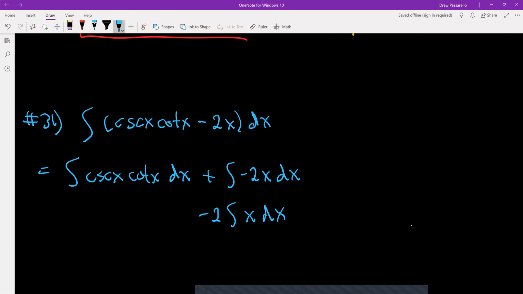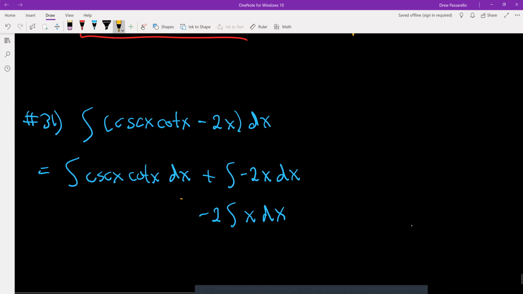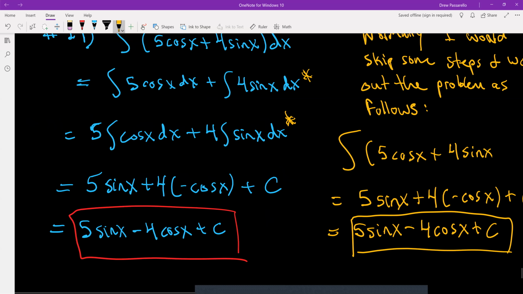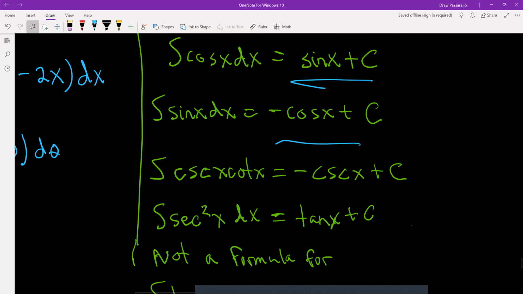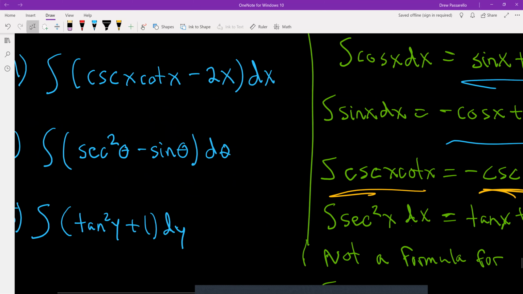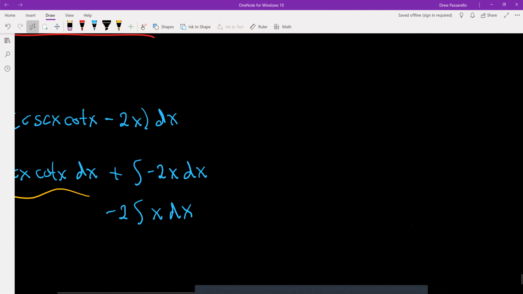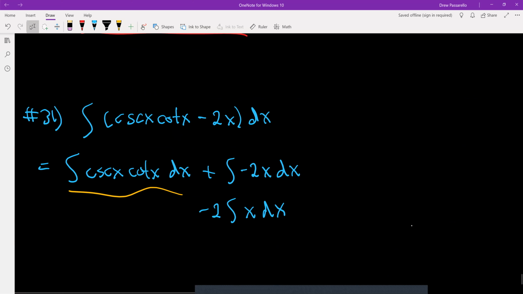Now for the cosecant cotangent, that's one of our formulas. All right, so I look back and we had cosecant cotangent, that becomes negative cosecant. So that's negative cosecant x.